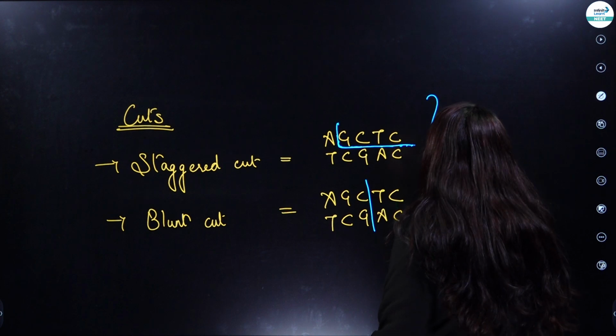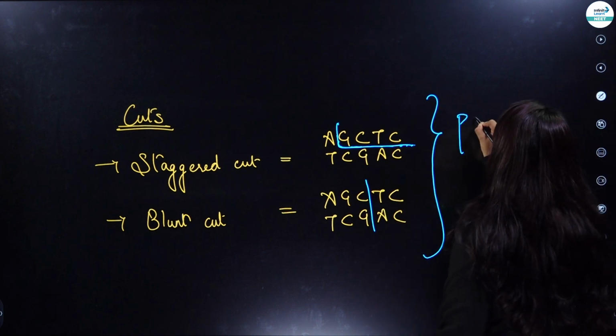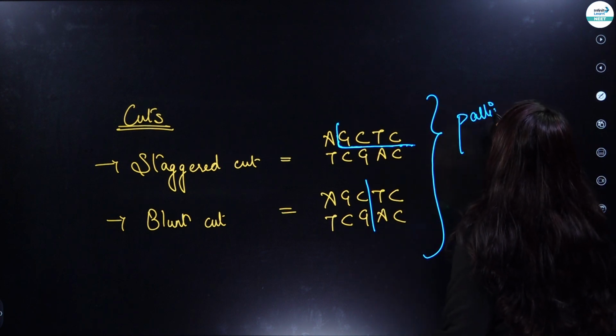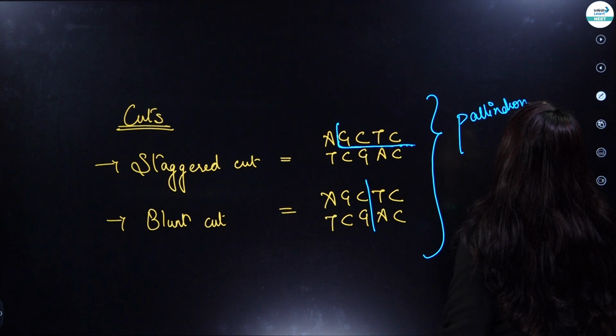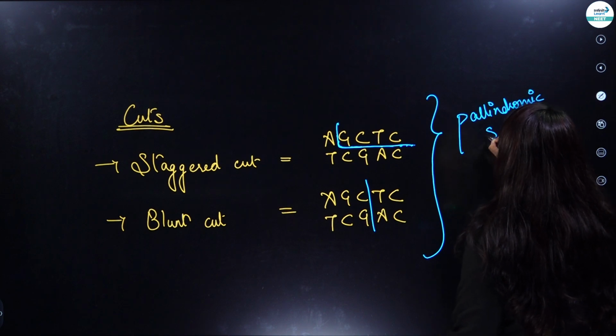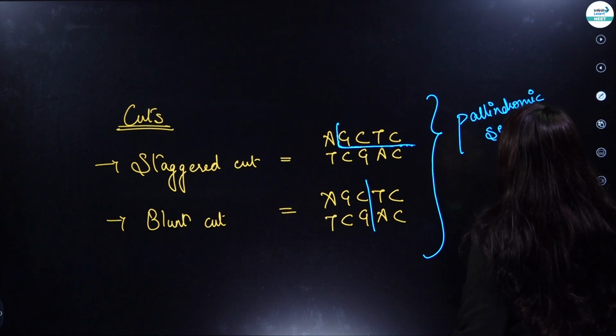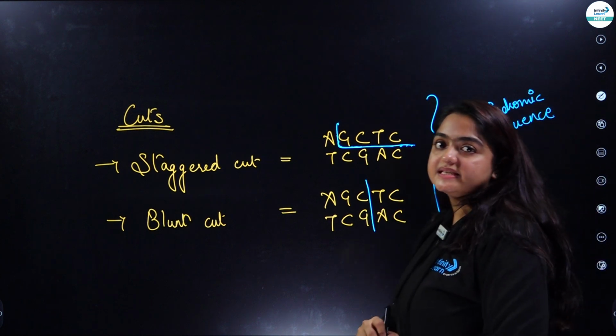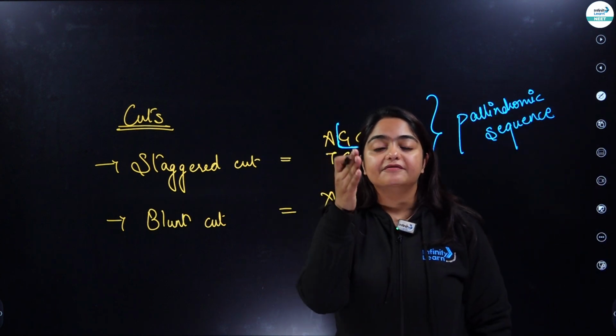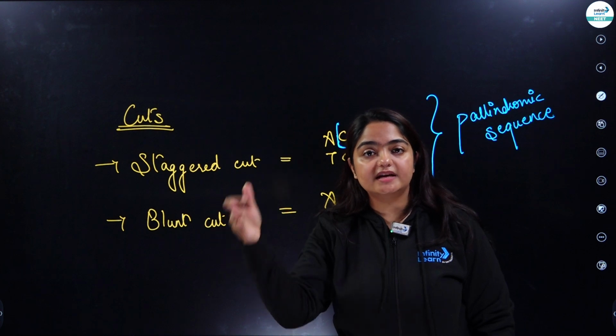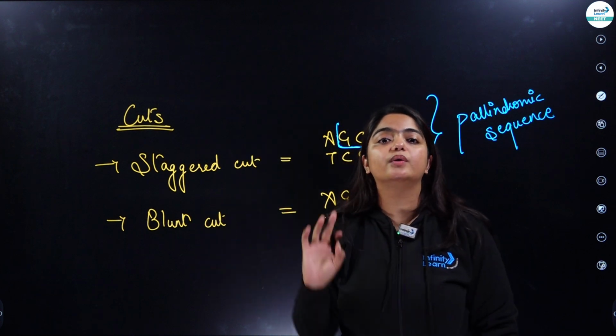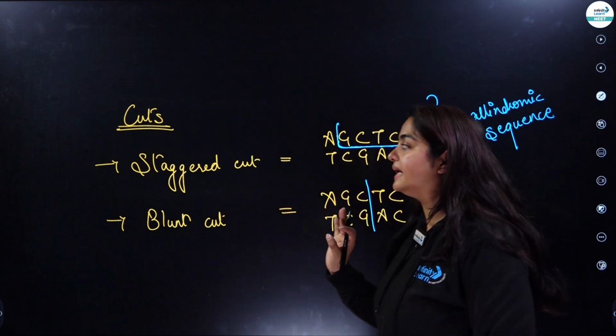Now whenever we talk about cutting a particular fragment of a DNA, so specifically जो restriction enzymes है वो palindromic sequence से cut करते हैं, ठीक है? So the palindromic sequence is also very important over here. Now what exactly is a palindromic sequence? A palindromic sequence is one where, whether you read it from left to right or right to left, it's exactly going to be similar, just like Malayalam.